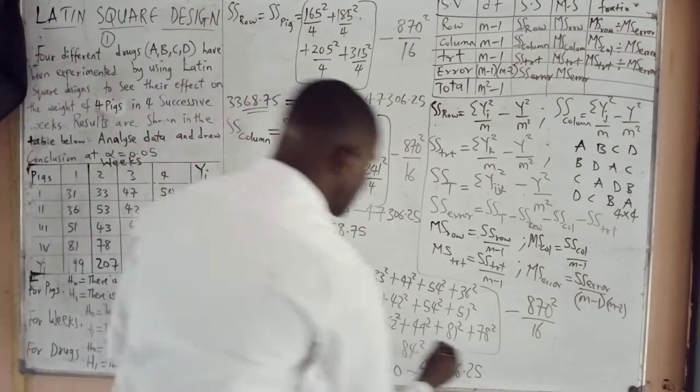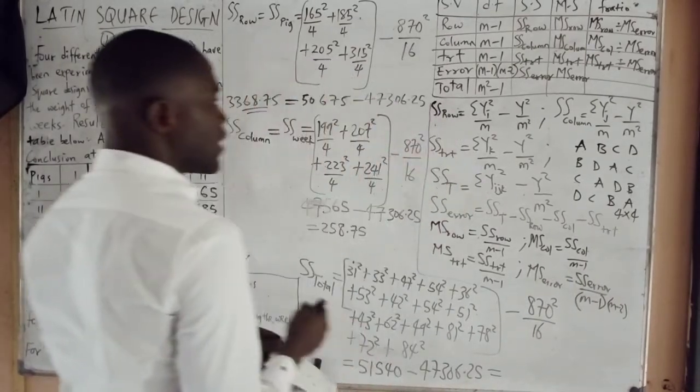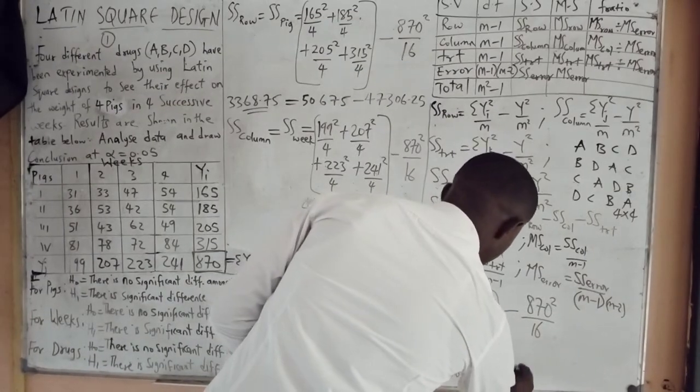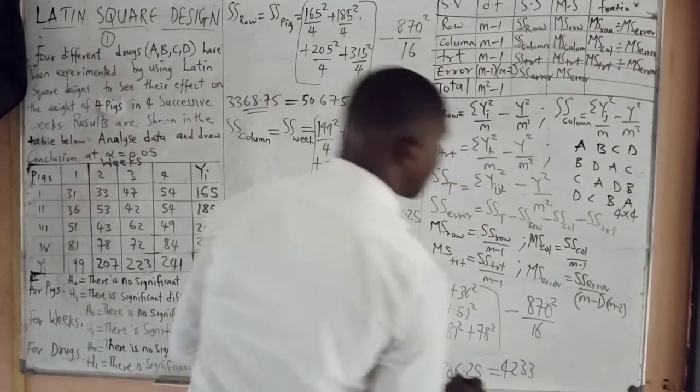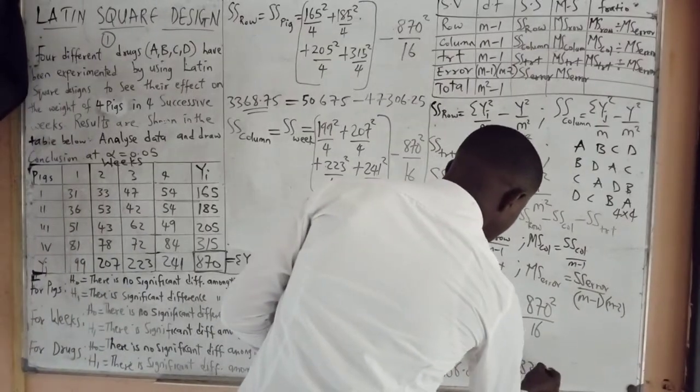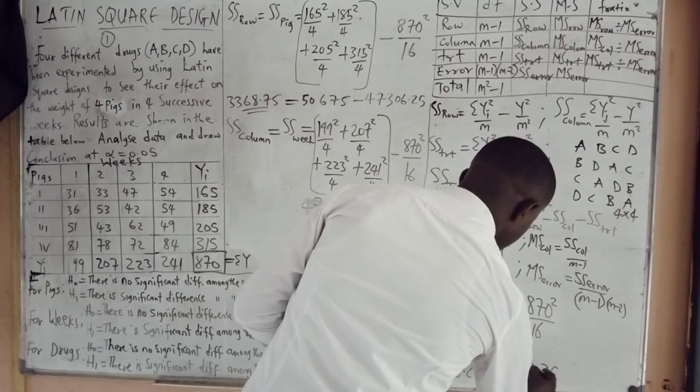When you subtract it, it will be giving you 4,233.75.